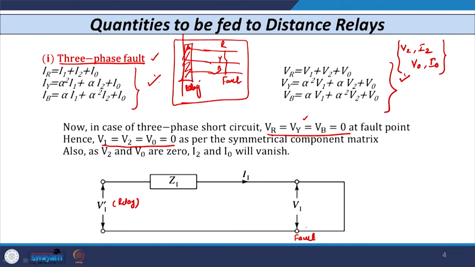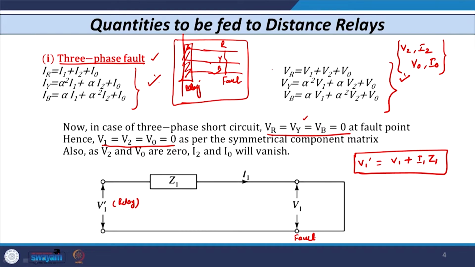So, the voltage available at the relaying point, V1 dash, is nothing but V1 plus I1 into Z1, as only positive sequence current exists in case of a triple line fault. What is each phase voltage given to the relay, that is VR dash, VY dash and VB dash?